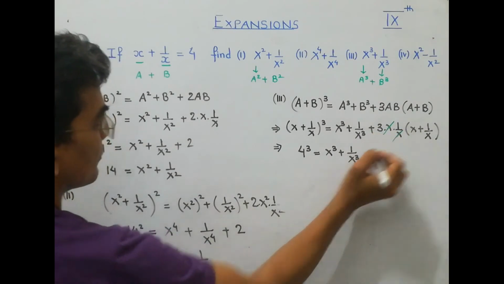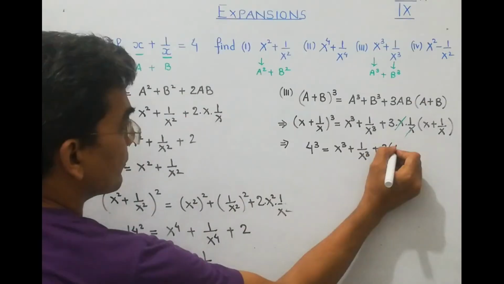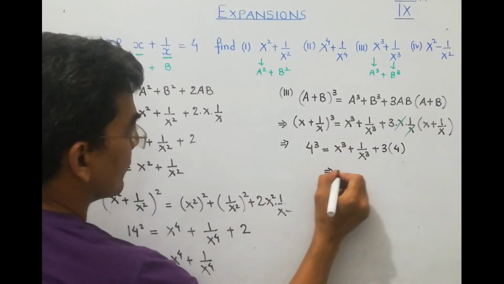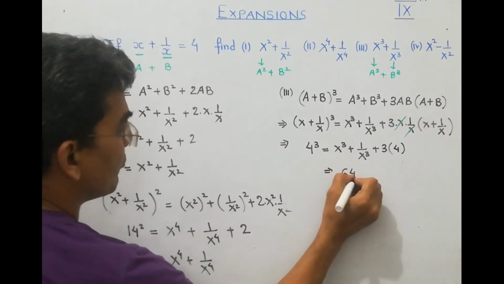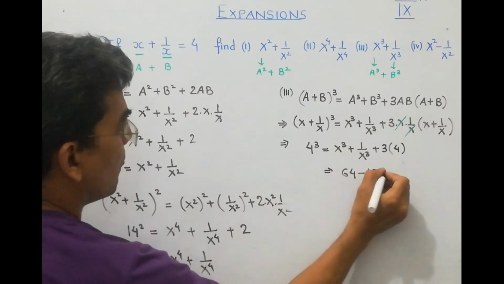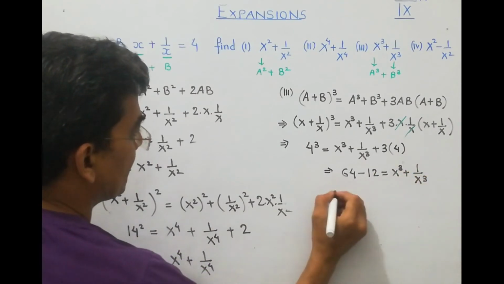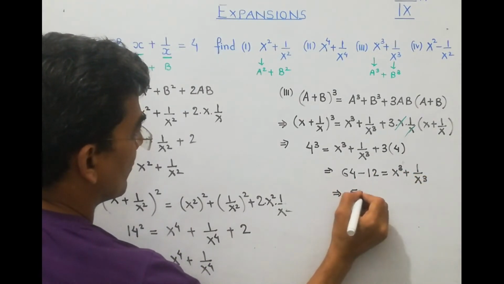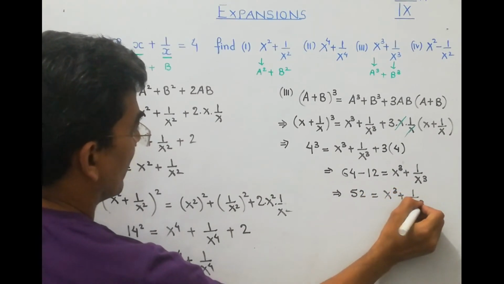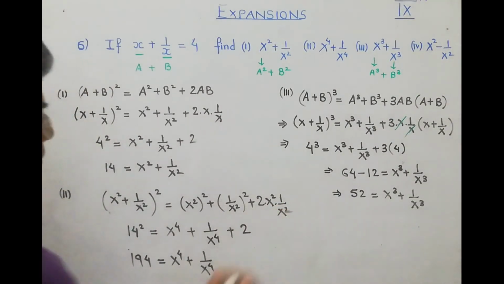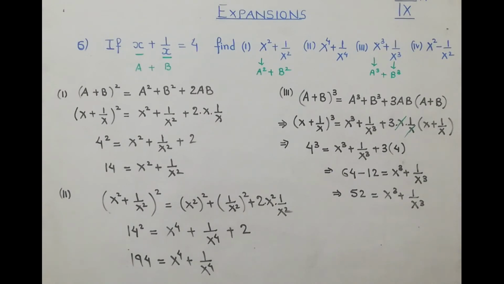This will cancel out. 3 times 64, and this will become minus 12. So x cube plus 1 upon x cube is equal to 52.